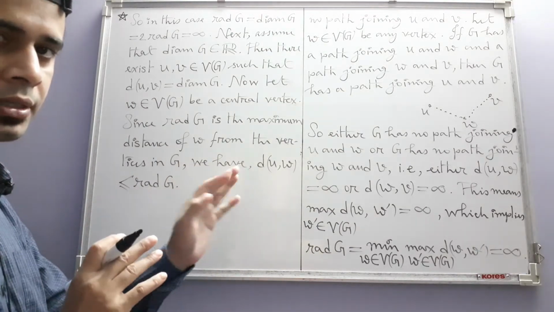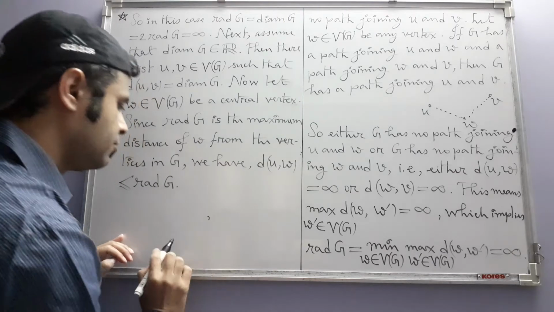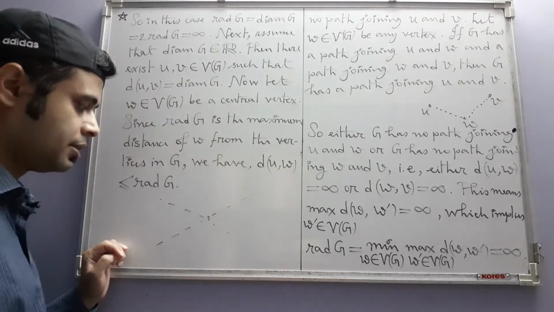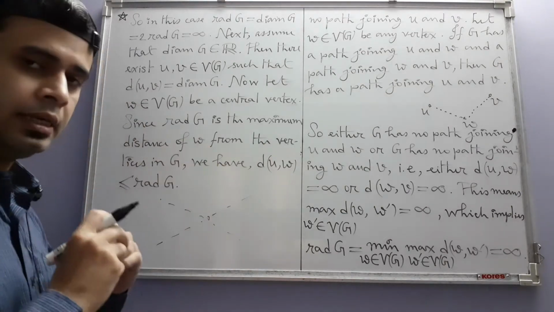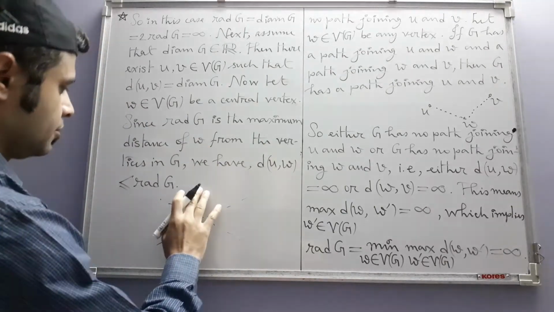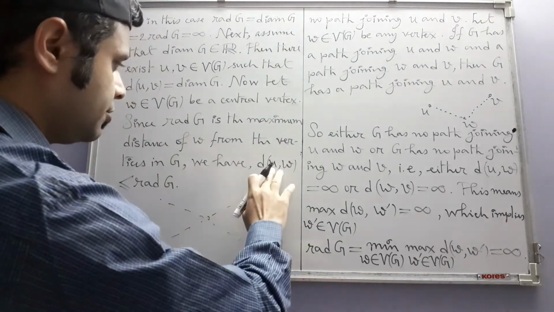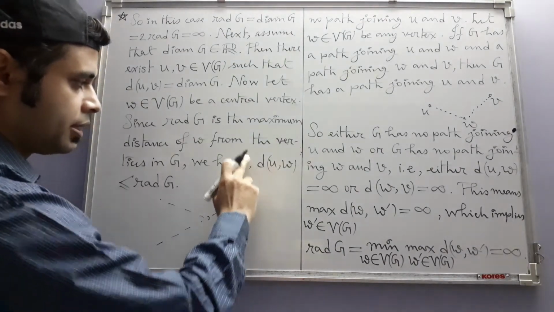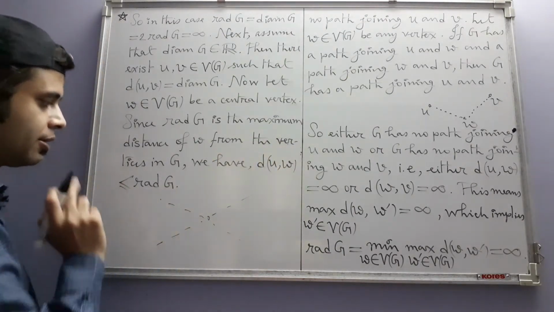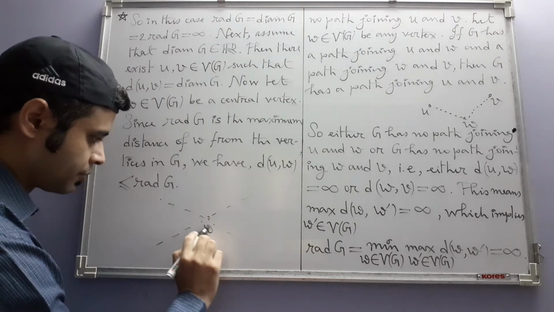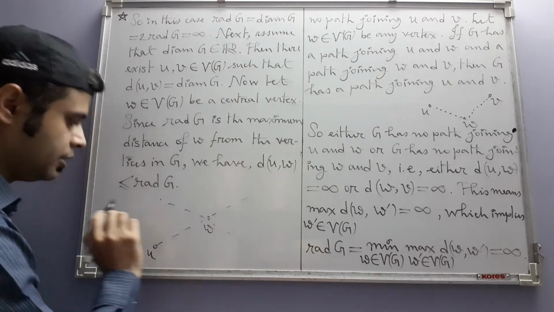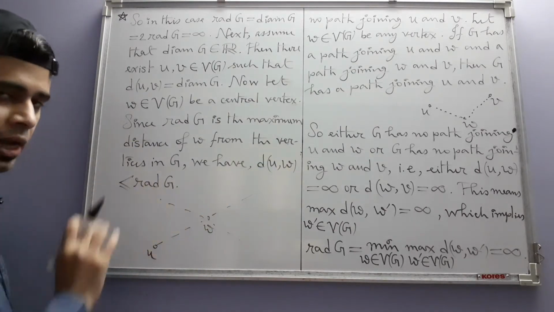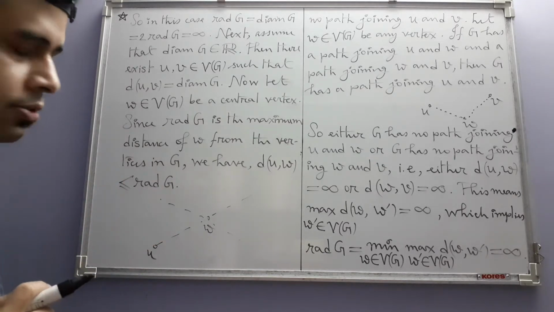We have already seen these things in the previous video. You have W, you calculate the distances of W from all the vertices in G. The maximum distance is the radius. So if you take some vertex in G, U, then this distance will be less than or equal to radius. This U may or may not give us the radius value, but it is always less than or equal to the radius.